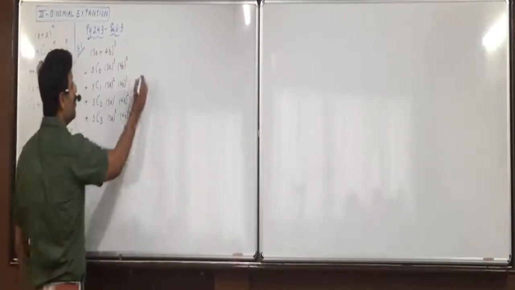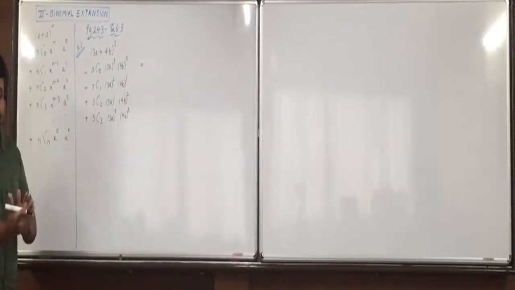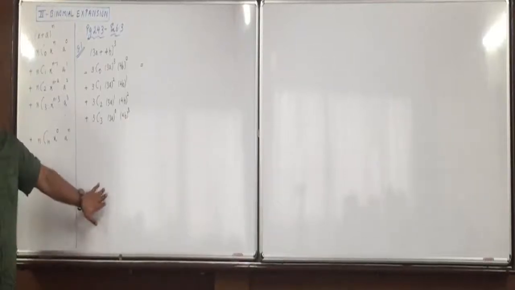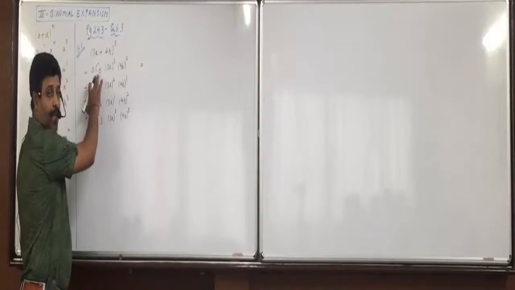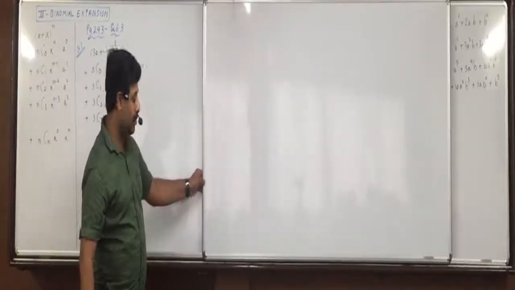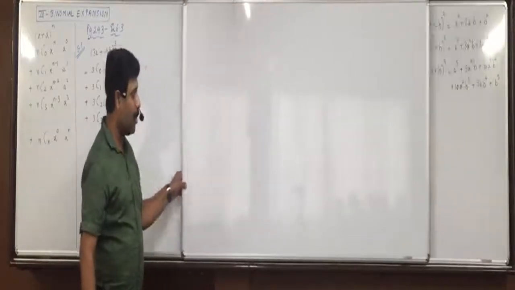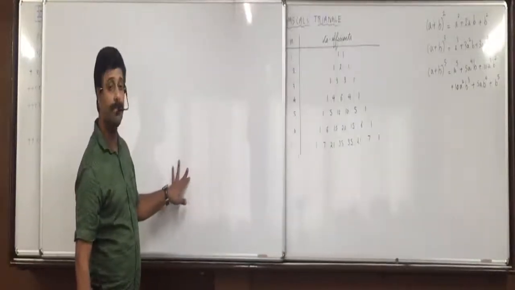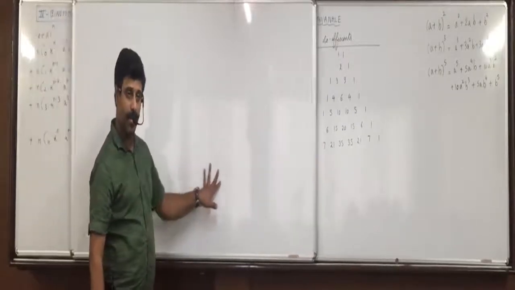Now, further is equal to, if you have the space on the right side, you may write on the right side. If you don't have the space, then take it on the next side. Okay? Now, for 3, no need to solve this. Pascal's triangle. What are the coefficients for 3? 1, 3, 3, 1.